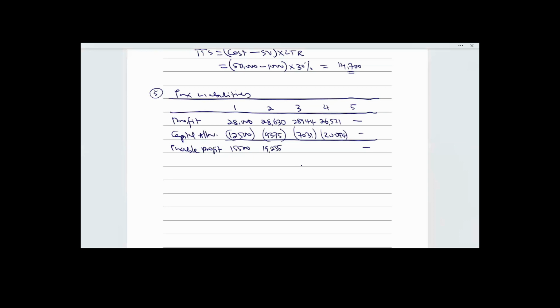Then the third one, 28,944 minus 7031 equals 21,913.